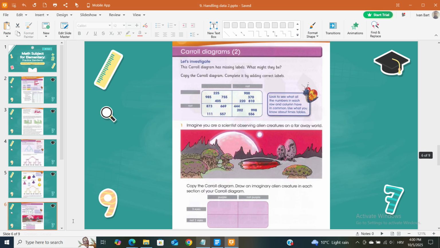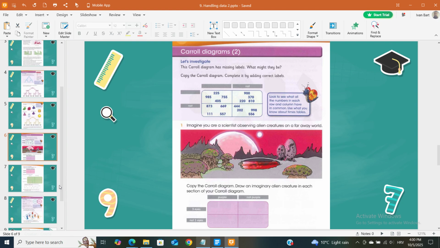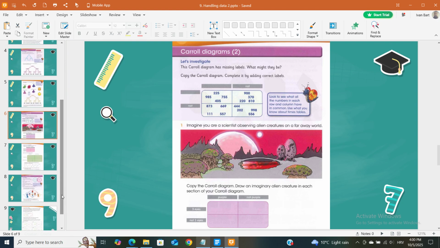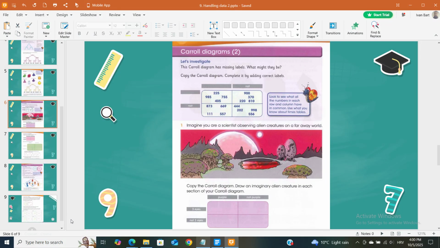Carroll diagrams. Let's investigate. This Carroll diagram has missing labels. What might they be? Copy the Carroll diagram. Complete it by adding correct labels.